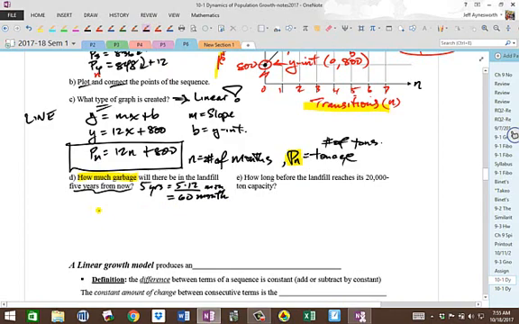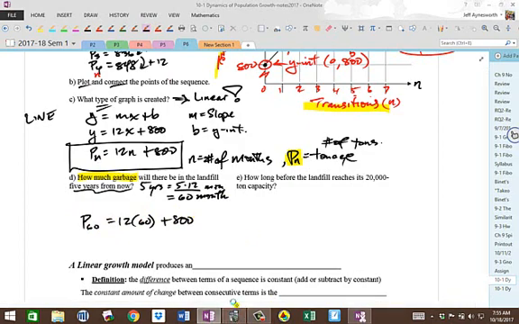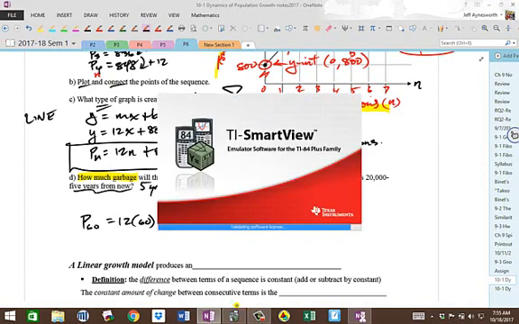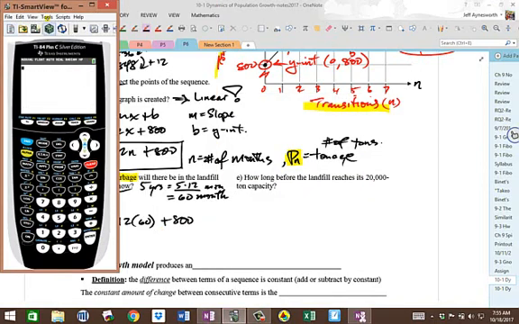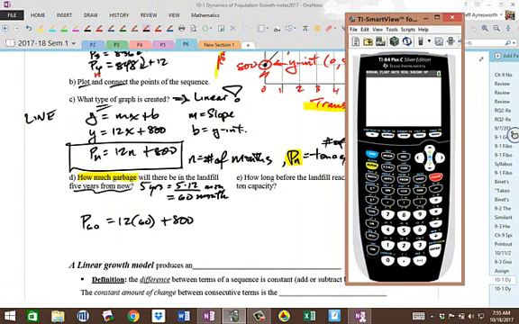So let me write the function here. It's p sub 60, so p sub 60 is equal to 12 times 60, plus 800. Like always, you could do this in your head and multiply 12 times 60, which is 720, and then add 800 to get 1520, or you can kick in your calculator if you can't do it in your head. No worries, use it when appropriate.